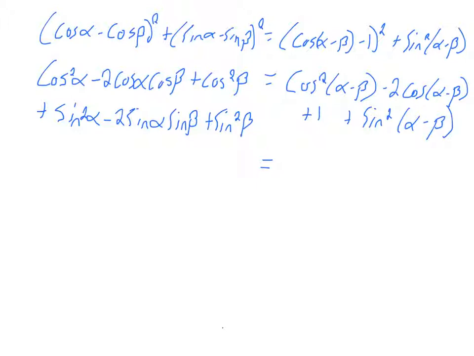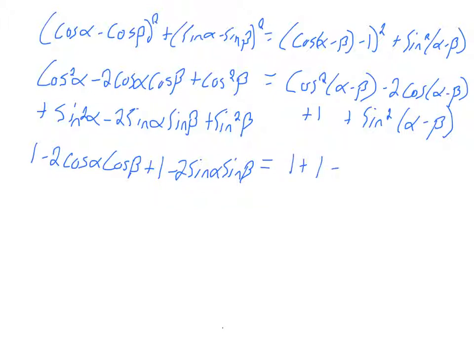So we'll end up getting 1 minus 2 cosine alpha cosine beta plus 1 minus 2 sine alpha sine beta. So if we apply the Pythagorean identity, we can do that also over here, right? These will also equal 1, so this plus this will give me 1 plus 1 minus 2 cosine alpha minus beta, right? And so let's just go ahead and combine like terms.